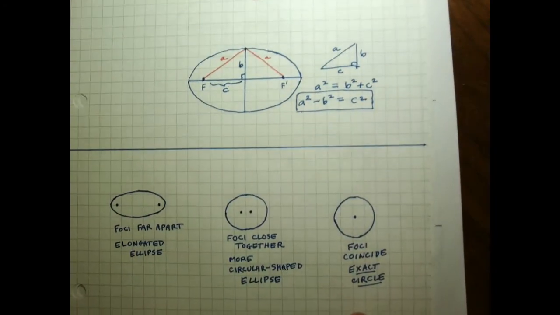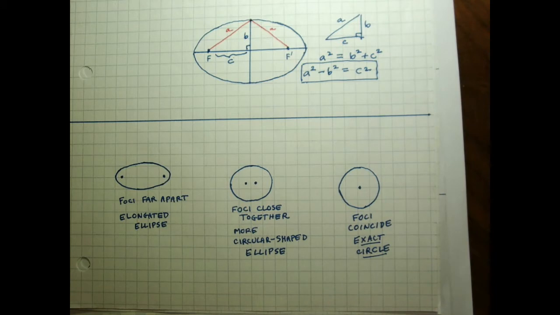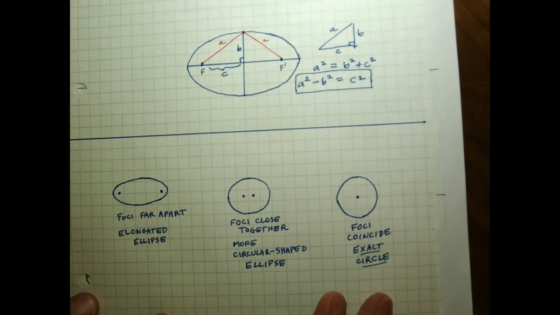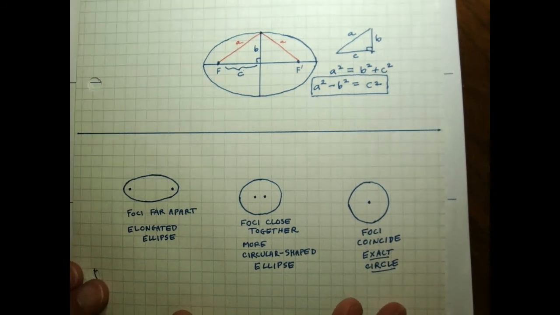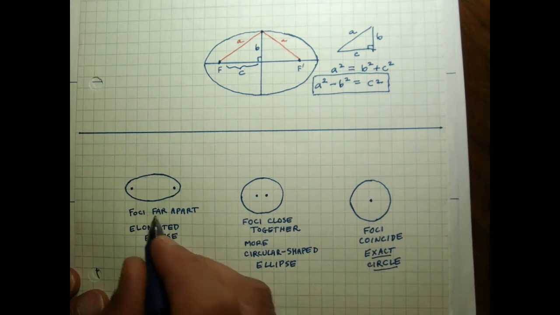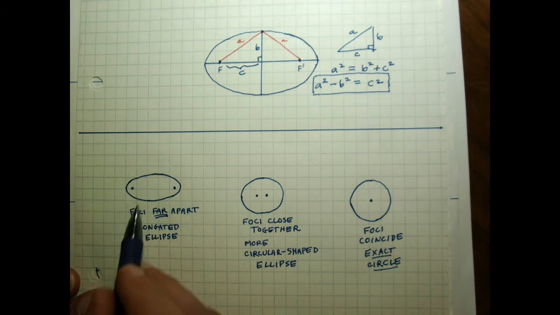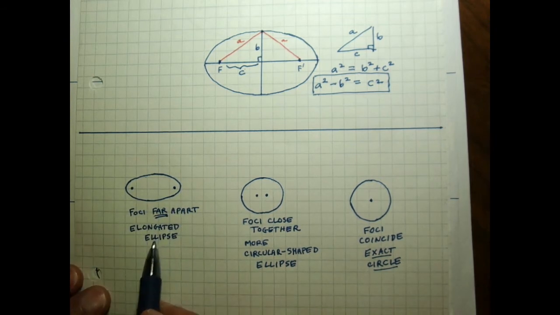And just one more comment I'm kind of throwing in here. It's not really connected to anything else, but I have this tendency to draw the same ellipse over and over again on my handout. And actually, ellipses can come out in a lot of different shapes depending on how far apart the foci are. If the foci are far apart from each other, an ellipse will look very elongated, can look enormously elongated, all right?